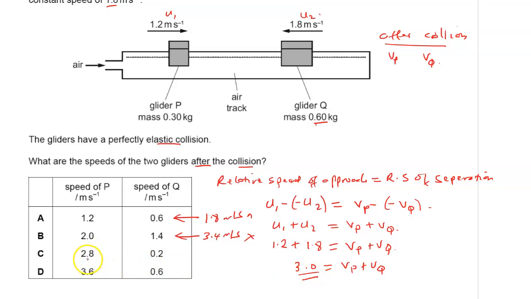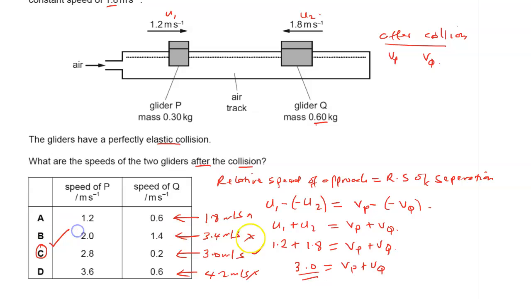For C, 2.8 plus 0.2 equals 3.0 meters per second. This should be correct. Let's confirm with D: 3.6 plus 0.6 gives 4.2 meters per second, so this is wrong.